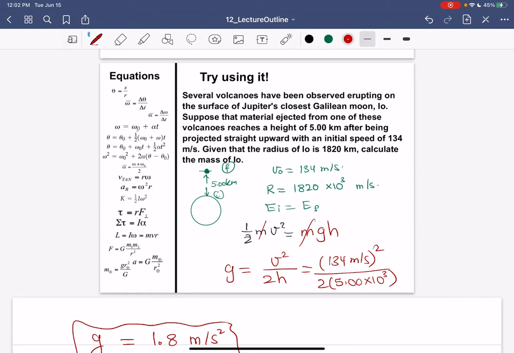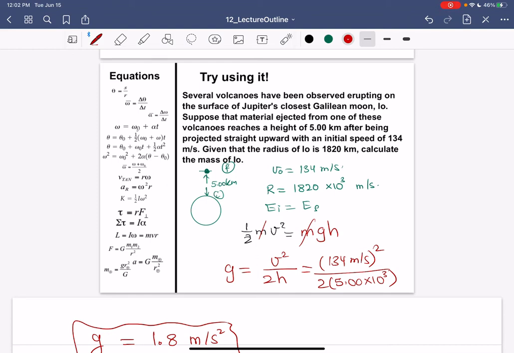We're going to try to do the same with Io, which is one of the moons of Jupiter. Several volcanoes have been observed erupting on the surface of Jupiter's closest Galilean moon, Io.